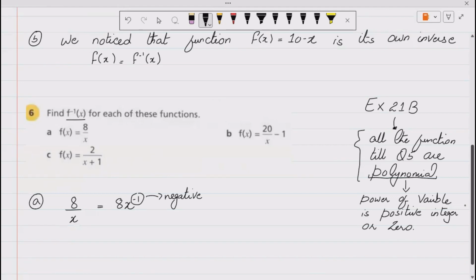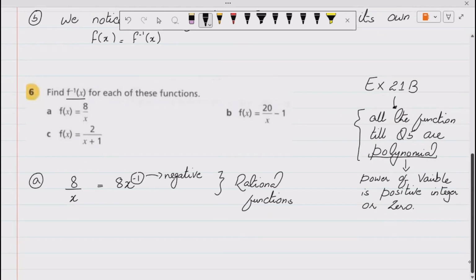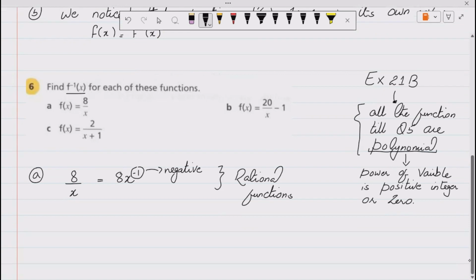In short, whenever the variable comes in the denominator of a fraction, these functions are not polynomials. So what are they called? These functions are called rational functions. Up till now, till question 5, we have had polynomials. In question 6, we have rational functions, and we have to find the inverse of these functions.